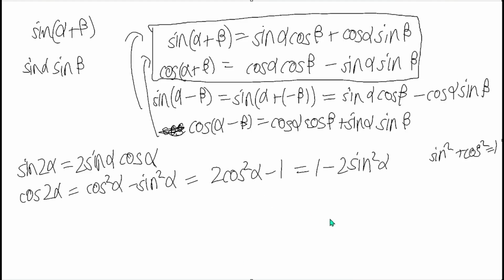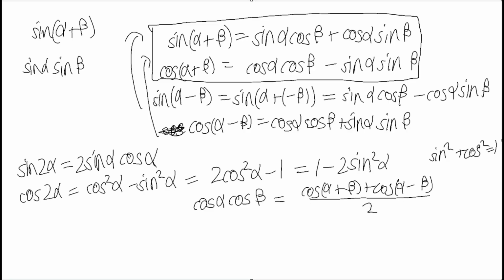All right, and we have some other corollaries such as the sum to product identities. The first one is cosine alpha cosine beta, where we want to single out this term here. And we can add this one here with the minus sine alpha sine beta to this one over here with the plus sine alpha sine beta. And with that, we end up getting that it's cosine of alpha plus beta plus cosine of alpha minus beta all over 2.